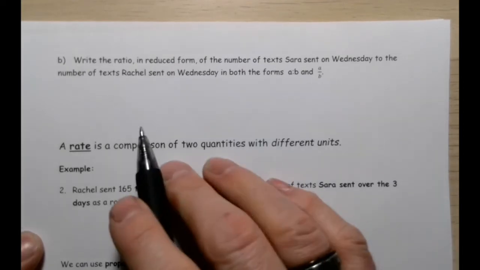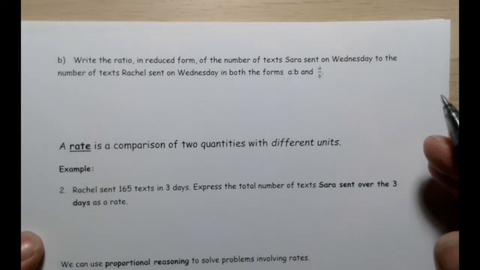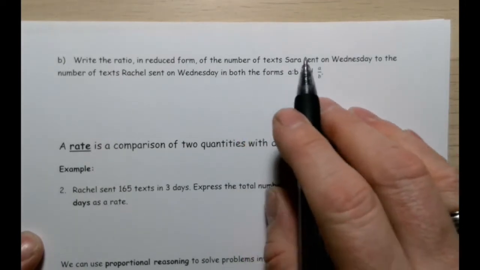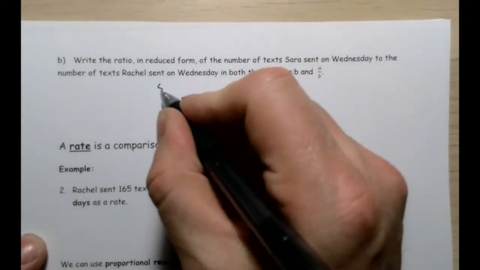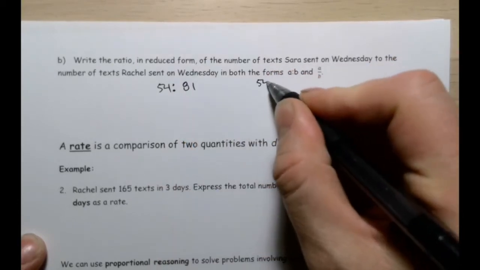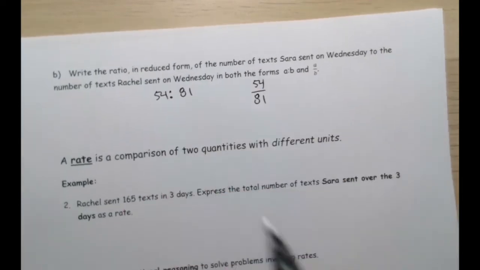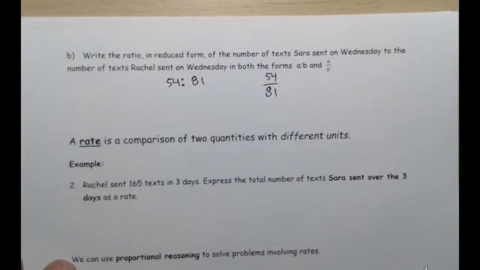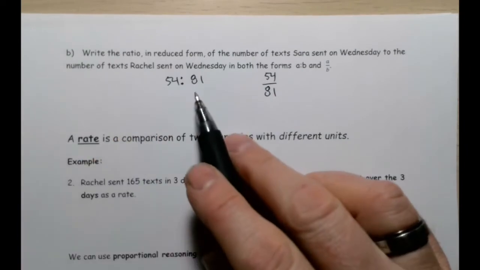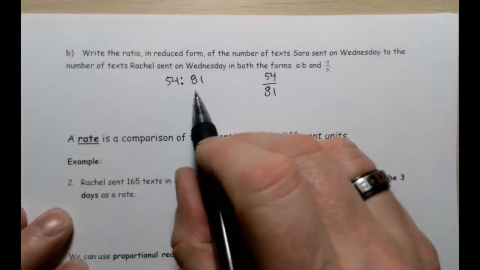And now I already know that I can take out a 9 and then a 3 here, and I would get 3 and 2. But it's just that my ratio is going to be the other way. Instead of being 3 over 2, it's now going to be 2 to 3, or 2 over 3. So we can do the same sort of simplification, whether we write the ratio in a form like this with the colon, or in the form of a fraction.